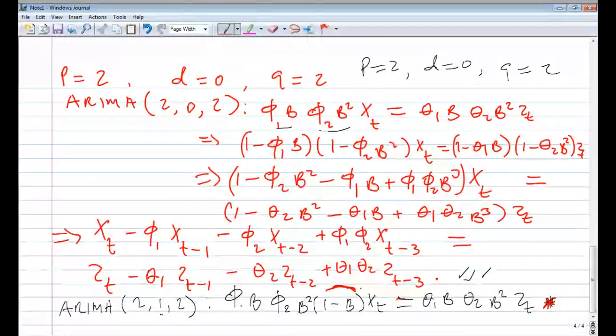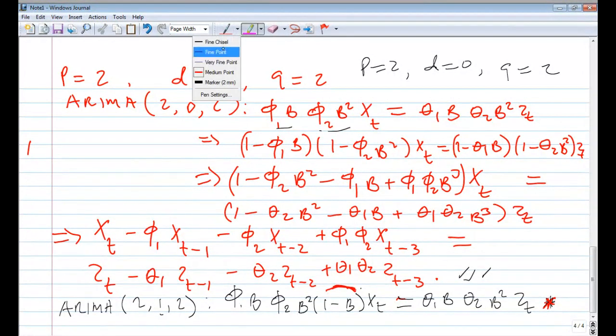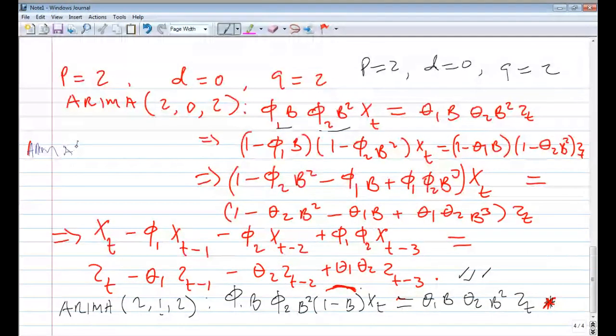Oh, the general formula, the one that we are referring to, is ARIMA. Let me just write it down. If I understood well, you are referring to this one, ARIMA. The general one is this one, P, D, Q, isn't it? It's what we are referring to. The general one is ARIMA(P, D, Q).